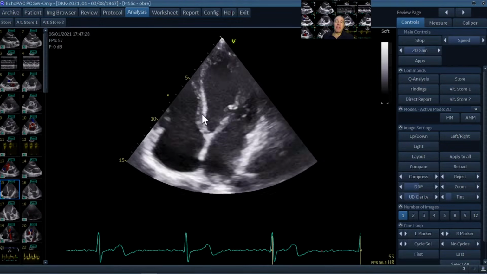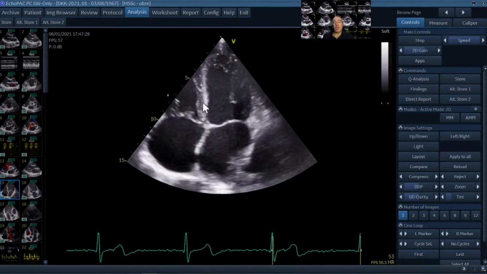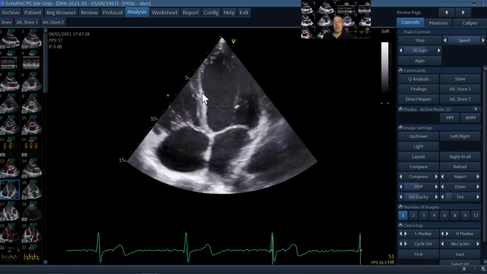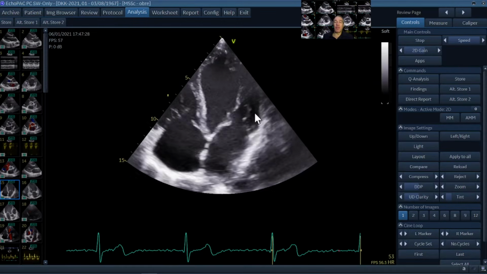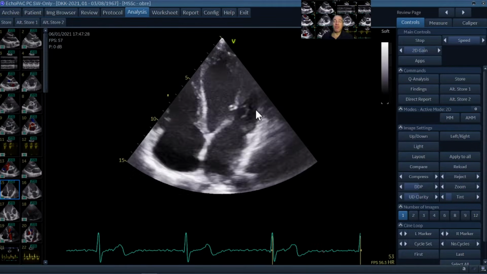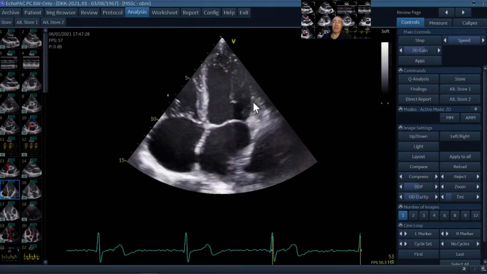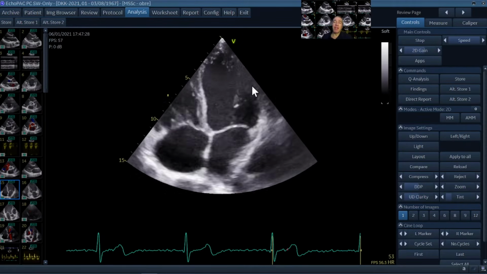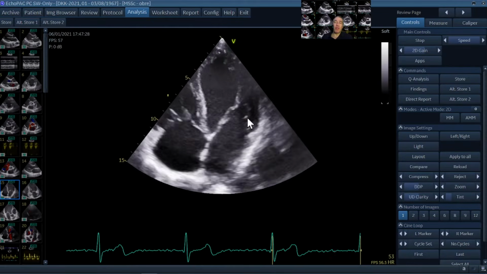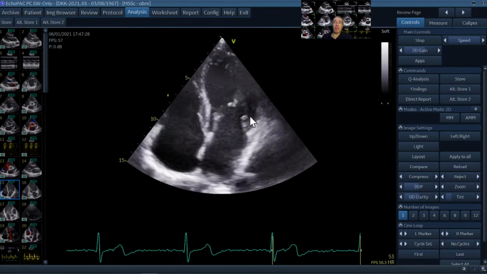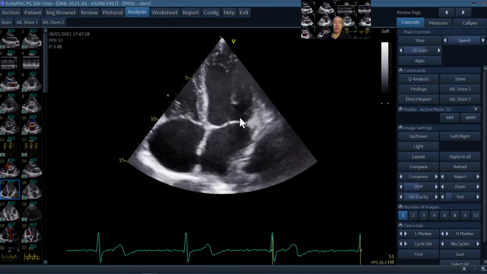Okay, if we look at the contraction of the left ventricle, there seems to be an inward contraction and thickening in all segments. However, thickening is often very difficult to detect from the apical windows, and particularly in the lateral segments. So you really have to take care that you have the best possible image quality.